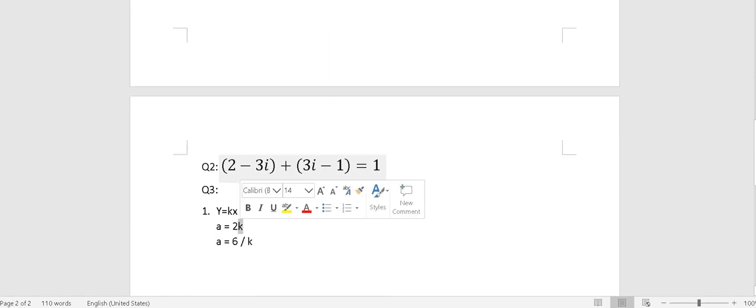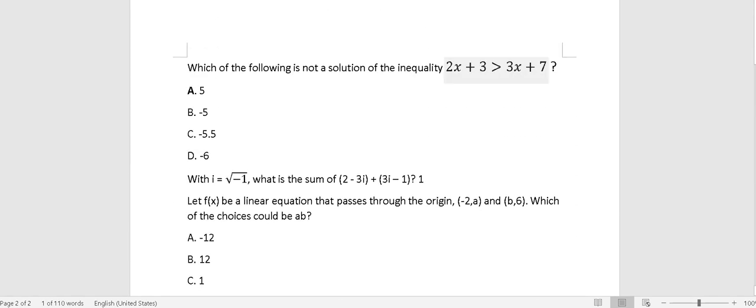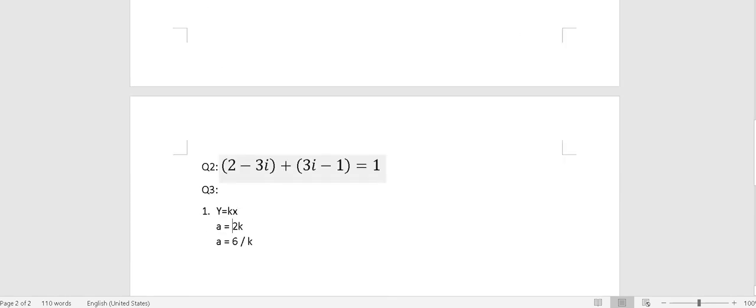And from this multiplied by, it's minus 2, my bad, sorry. From that we get A times, this is B, I'm sorry, it's first time. A times B equals 2K times 6 over K.